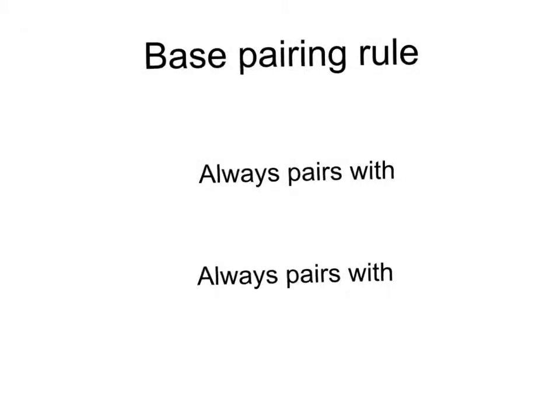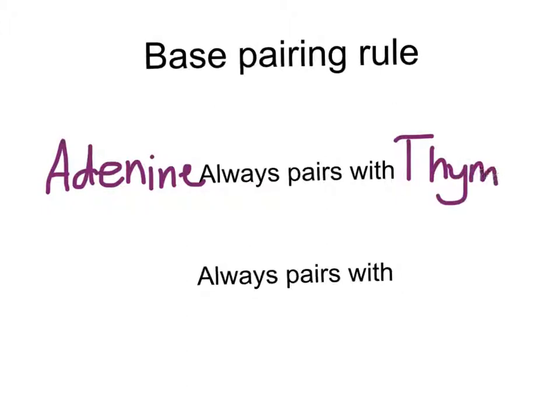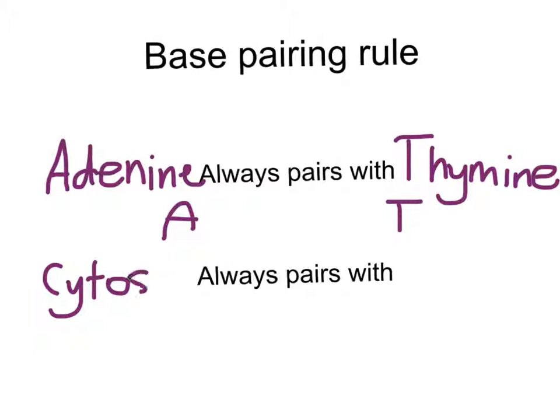Okay, so let's just reinforce this base pairing rule. And so I'll write them out in full at the moment. And so we will say that adenine always pairs with thymine, otherwise known as A always pairs with T, and cytosine always pairs with guanine.